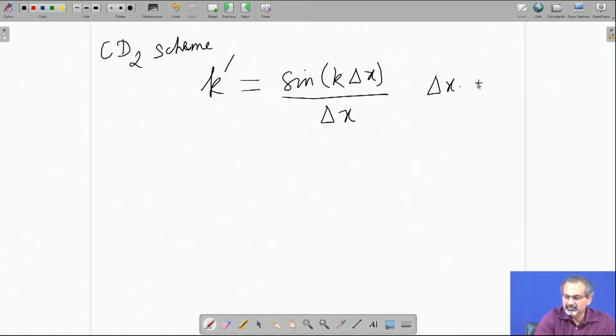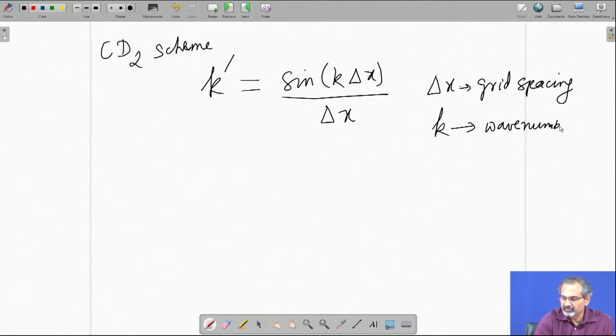So, delta x of course, is our grid spacing and k is the wave number of say a sinusoidal wave that you are accommodating within your domain, which has a length of L, and we said that the waves could be coming in like this in integer form.